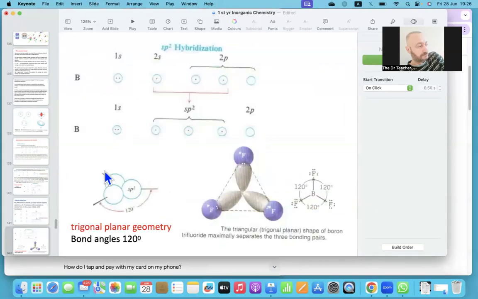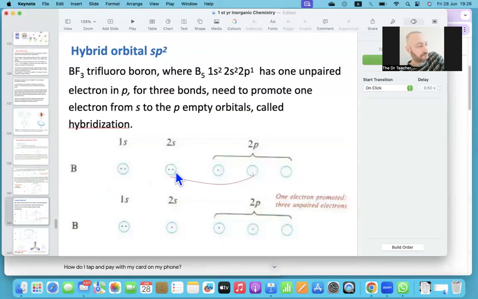You see? So now, what do we have? We come back. We are using s, p, p. When you combine the p and p, they become p to the power 2. So here the bond is formed.